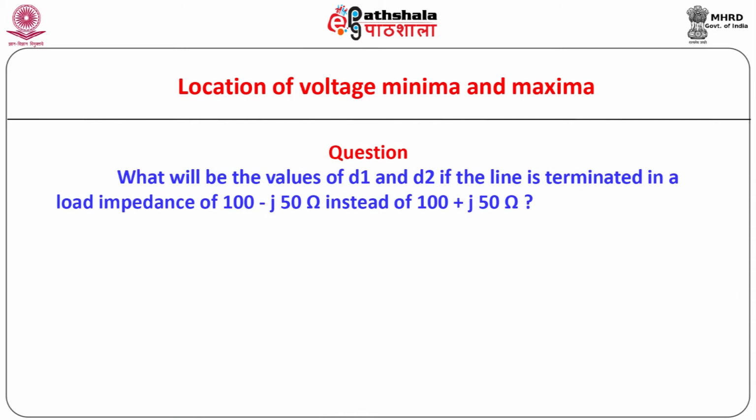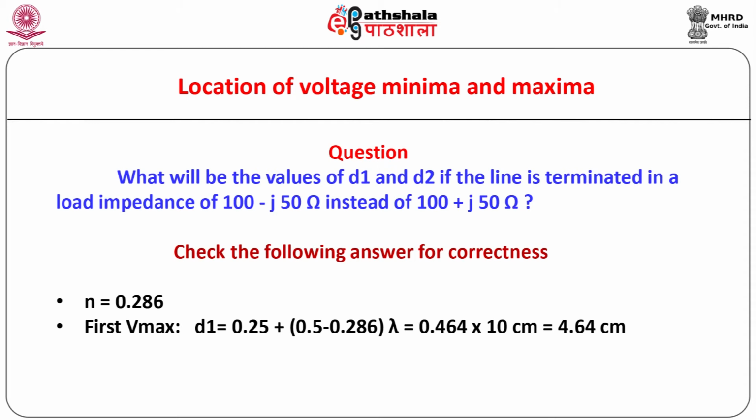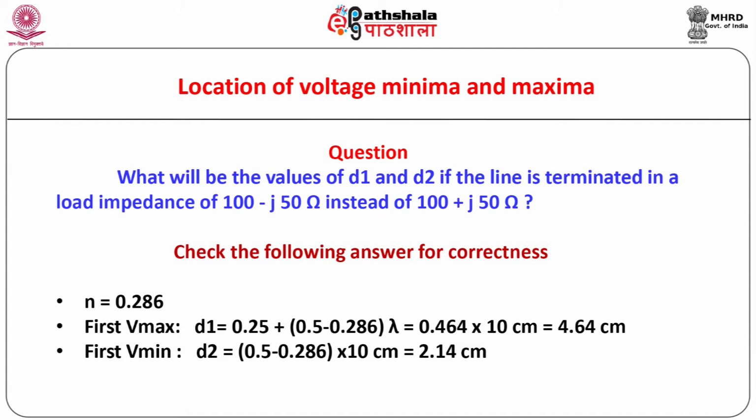Now, in the problem under consideration, what will be the values of D1 and D2 if the line is terminated in the load impedance of 100 minus j50 instead of 100 plus j50 ohm? Read and think over steps 4 to 7 carefully, and you will find that n is equal to 0.286. The first Vmax is at a distance d1 equal to 4.64 centimeter, and the first Vmin will be at a distance d2 equal to 2.14 centimeter, while VSWR rho has the same value 2.6.